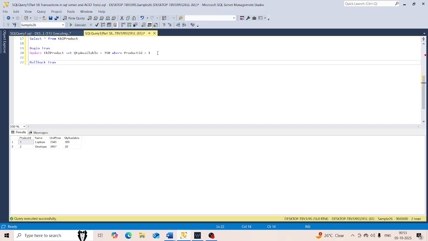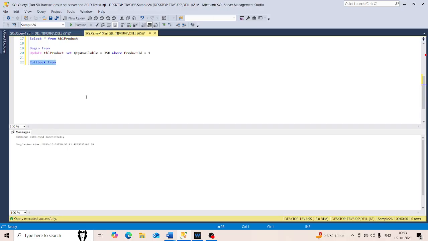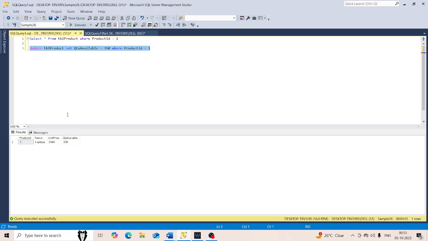When I roll back, he might see only the rolled back data. That is why by default, if a transaction has locked a row, other users will not be able to see that.